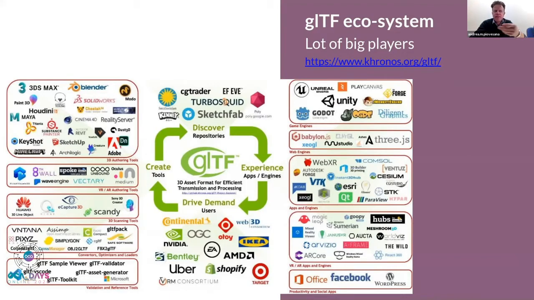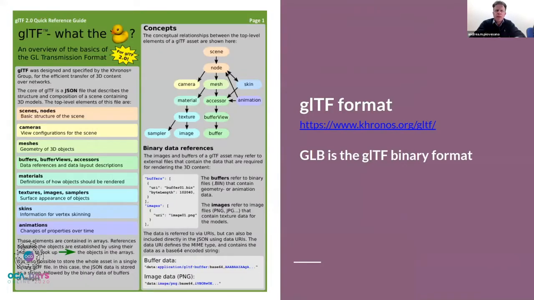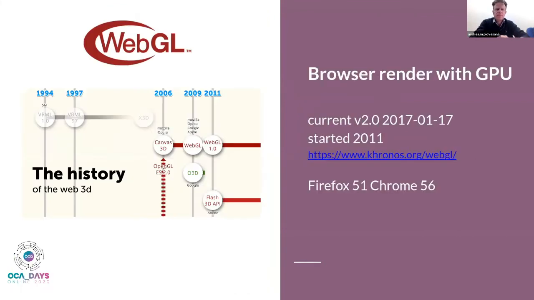There is SketchUp, and also Adobe, Facebook, Microsoft, WordPress. So many players. This is about the format. There is a lot of information to understand how it works, but after these slides, I want to show you with the websites how to see the information about all this data.